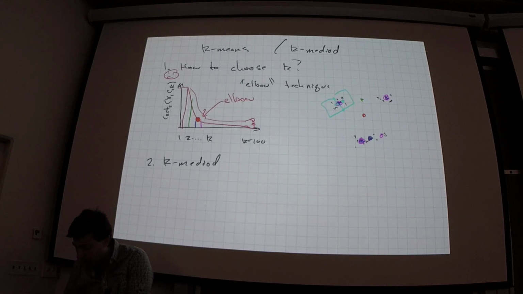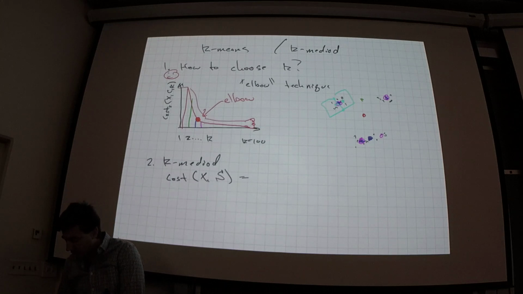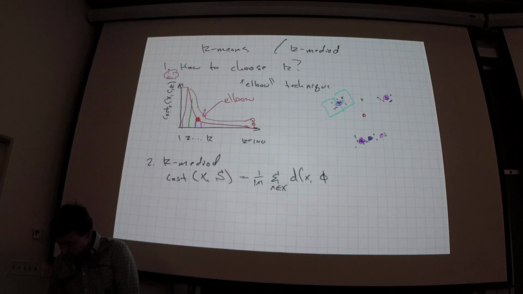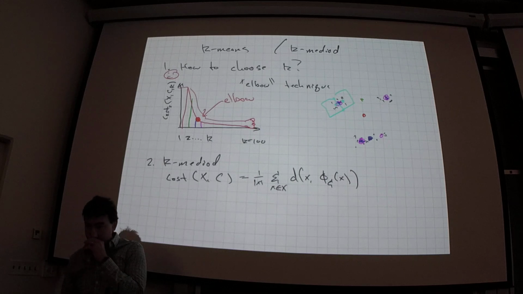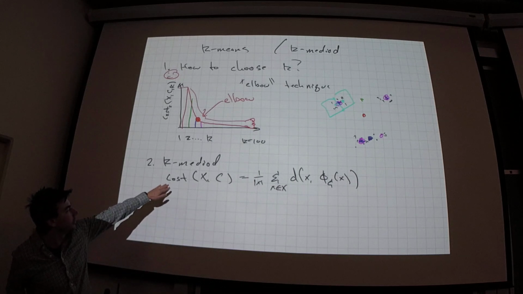Okay, and remember, this had a cost function from, let's say, X and a set of clusters C, equal to 1 over the size of X, just to normalize it, times the sum over x in X of the distance from x to the set of centers C. So this is the cost function.